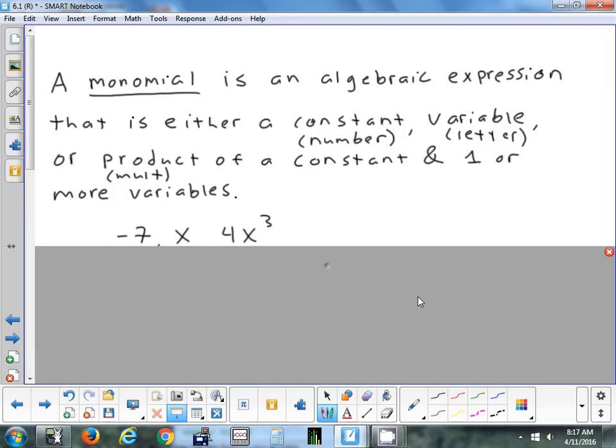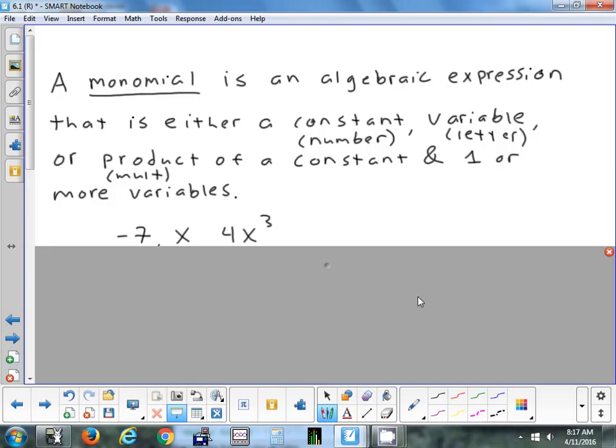So then -7 is a monomial. It's a number. Let's look at x. Do you think x is a monomial? Yep, it's a variable. And does it say in the definition that a variable can be a monomial? Yes. A monomial can be a number, a letter. In this case, it's a letter.